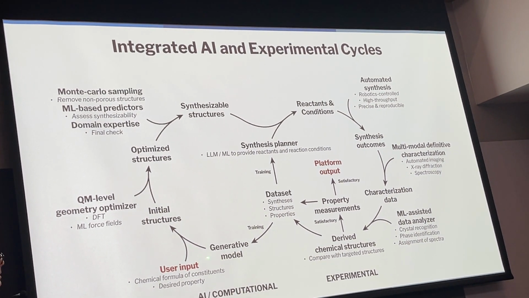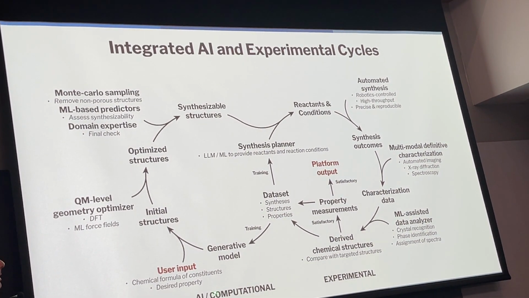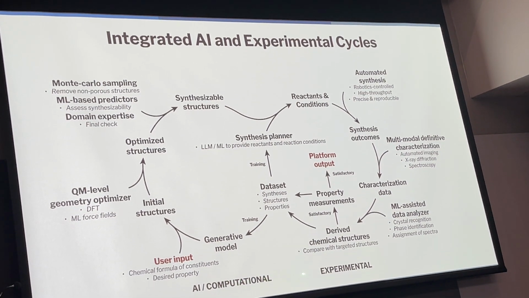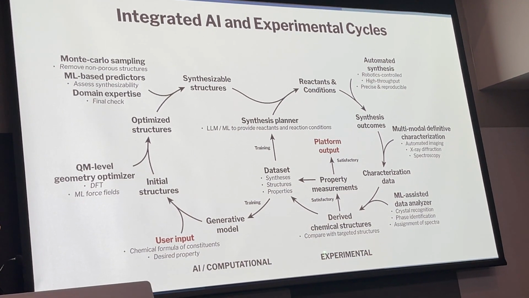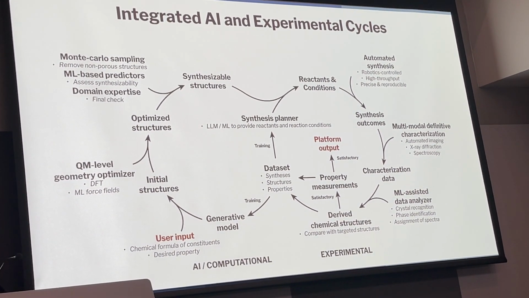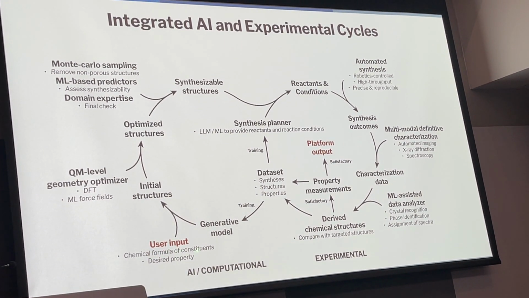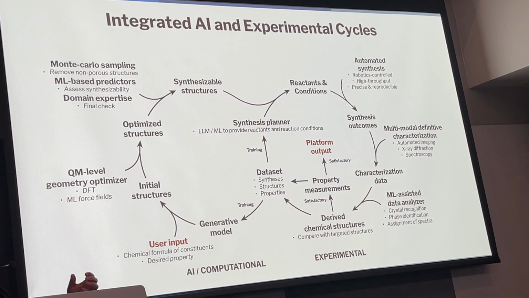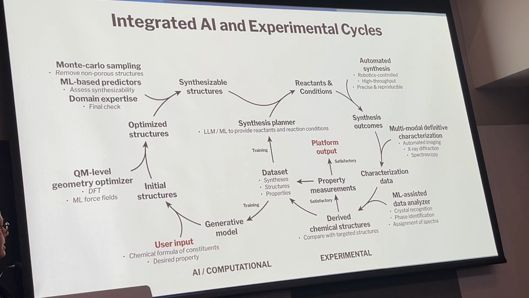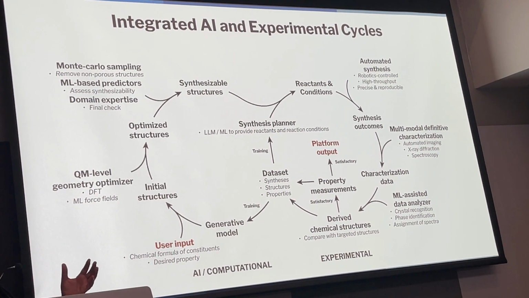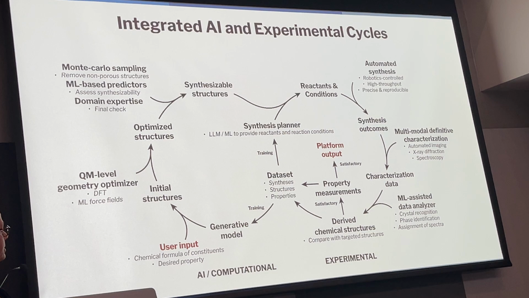You can think of it as 2 cycles. One is an AI computational cycle, and the other one is an experimental cycle. A typical chemist will input either a chemical formula, you have building blocks, they have chemical formulas, or a desired property that you want, maybe CO2 capture.